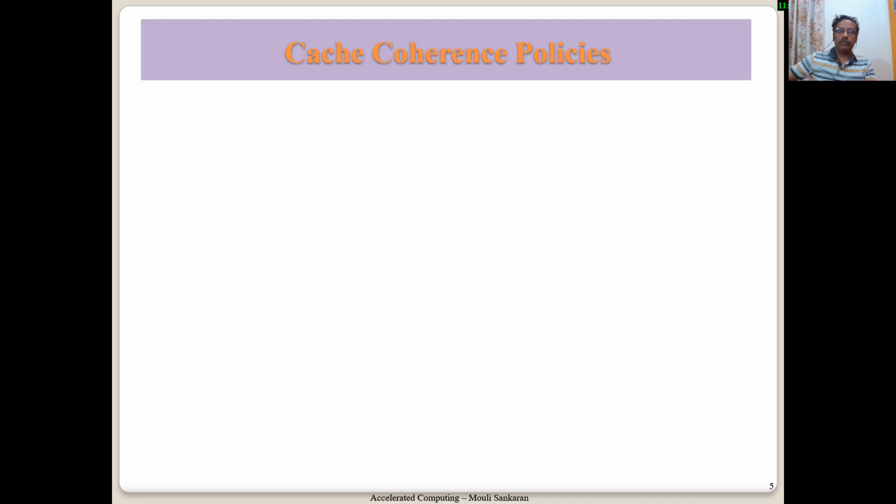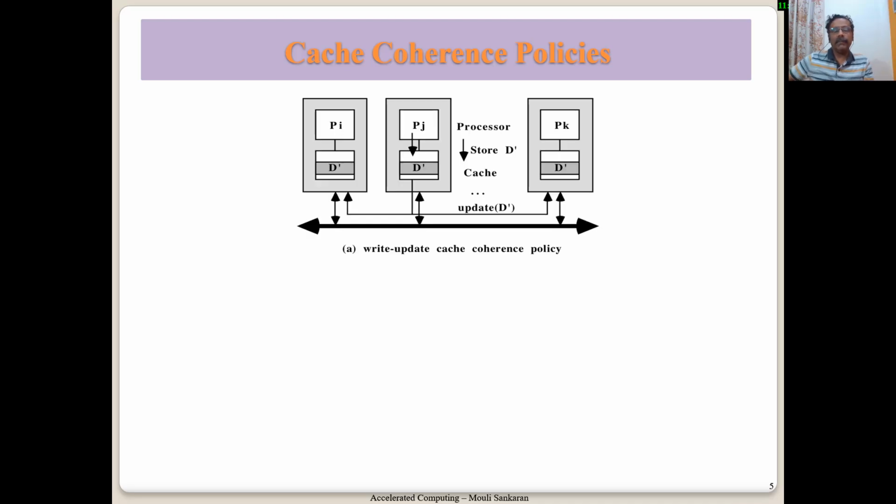Now, just to tell you why we need cache coherence policies. Okay, where is the cache coherence coming in? First of all, when you have multiple cores and they are accessing a main memory. See, assume a main memory is here. It's not shown here. Okay, multiple cores are accessing the same common main memory.